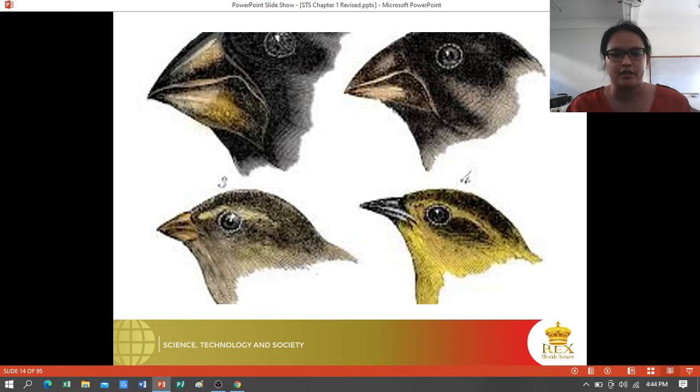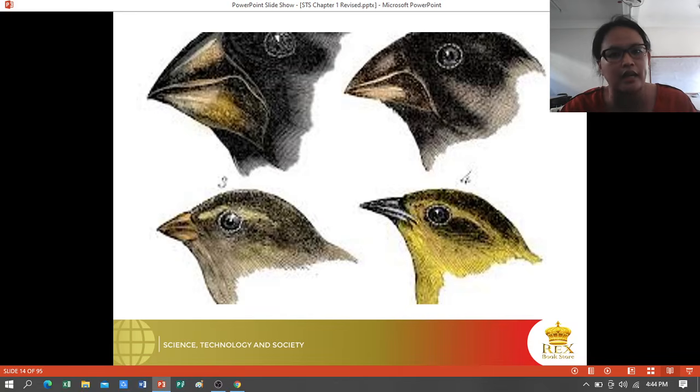Okay? Another, let's say, these are the small finches. What if these finches with big beaks went to a place where there is not much vegetation and nuts, but there are many insects and worms. So, that's the reason why they have beaks, no? They have pointed beaks because they can hunt and access small crevices to catch insects and worms.